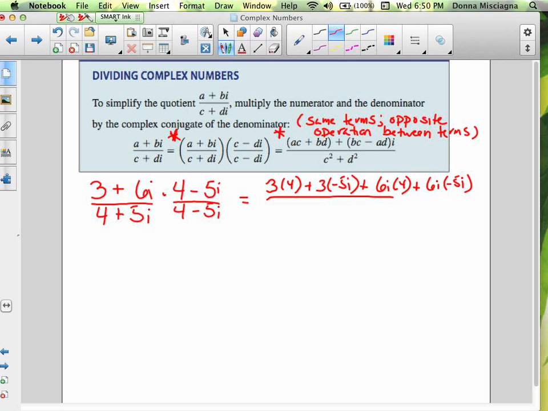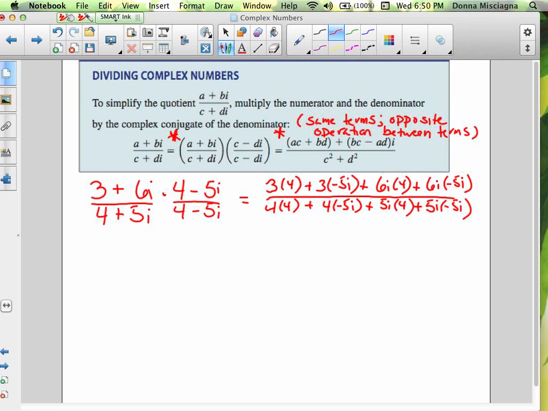In the denominator, we'll have the first terms, 4 times 4, plus the outer terms, 4 times negative 5i, plus the inner terms, 5i times 4, plus the last terms, 5i times negative 5i.